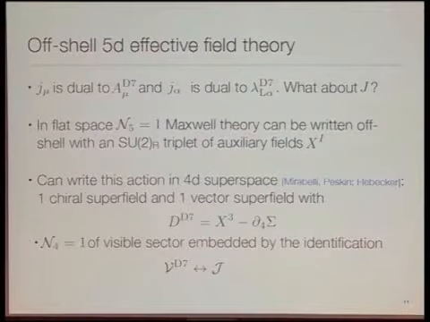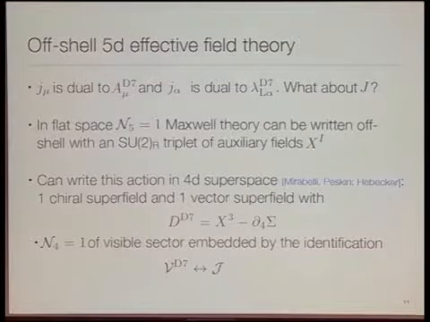And then I can take this theory and write it in 4-dimensional superspace. I at least learned these from these papers. It's possible it may be elsewhere. So when I do this, I write this in terms of one chiral superfield, this is supposed to be one chiral in N=1 in 4 dimensions, and one vector superfield. And the auxiliary component of this vector field is related to one of the auxiliary components here, and also a derivative of the scalar.